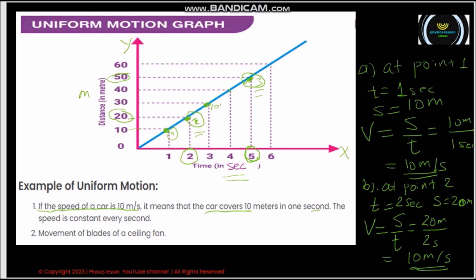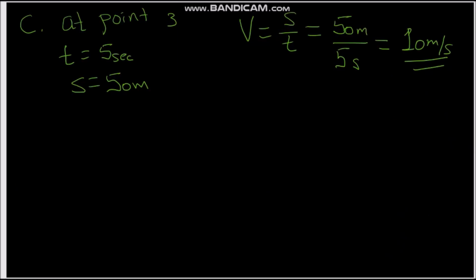Another example of uniform motion is the movement of the blades of a ceiling fan, a fan that cools our home during the hot season.